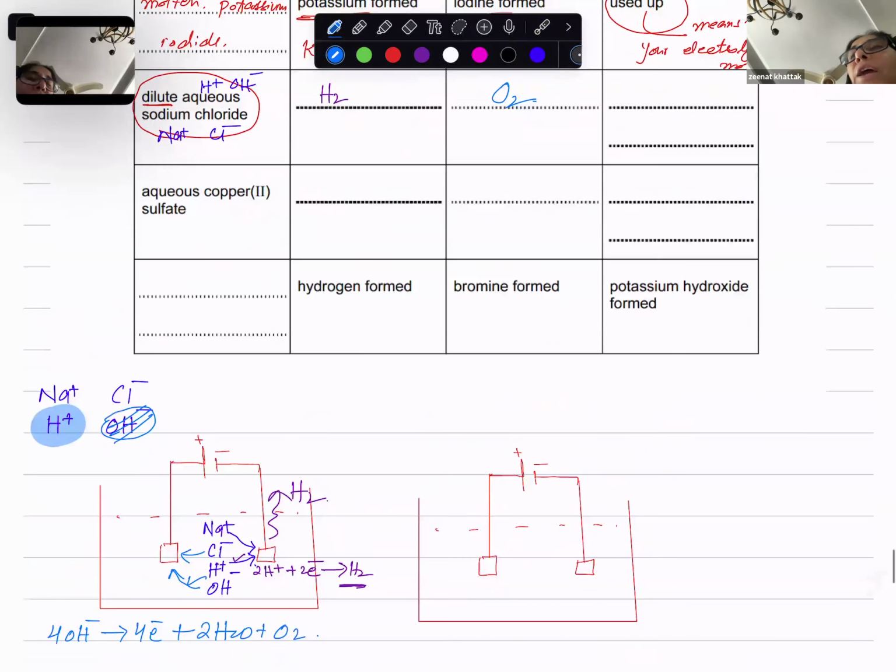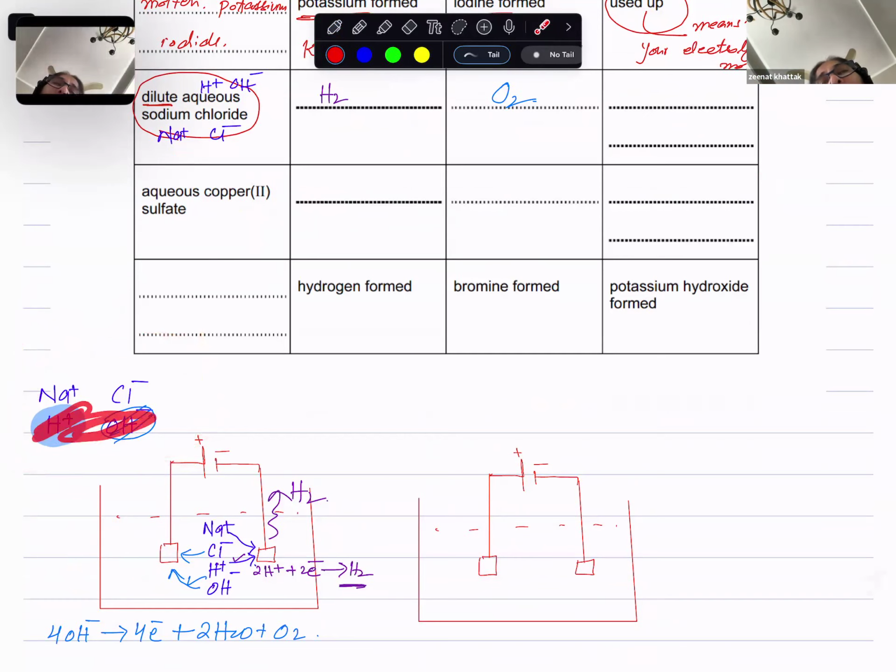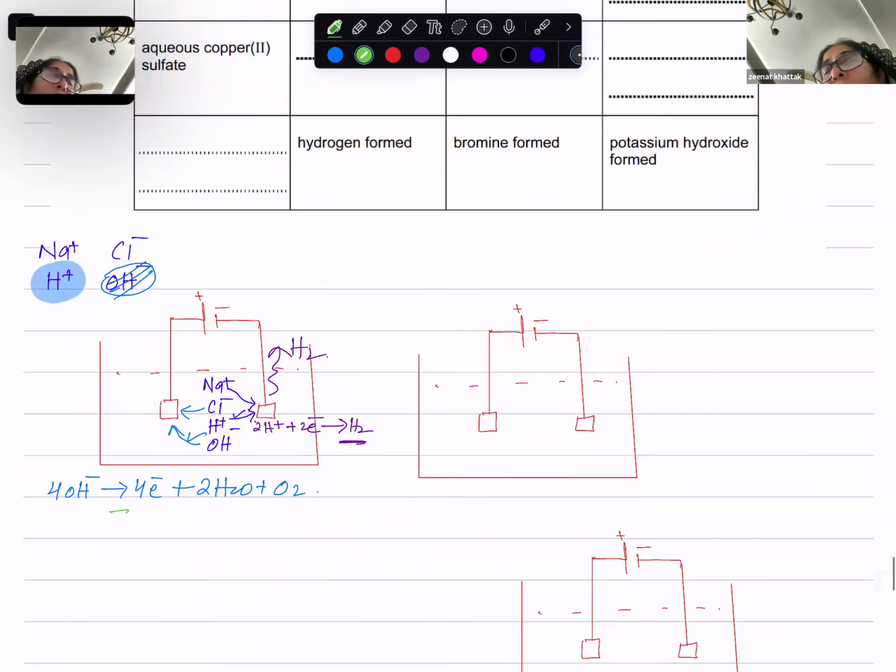Now, it was already dilute with H and OH. But if the H and OH are discharged, that is, water is discharged, what happens?